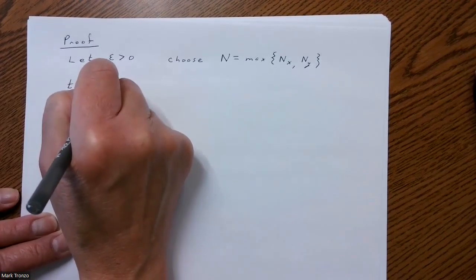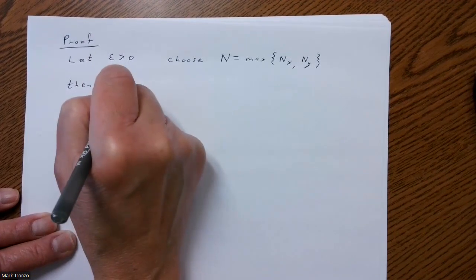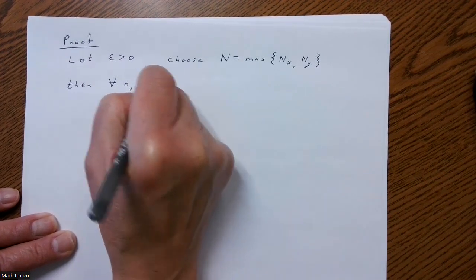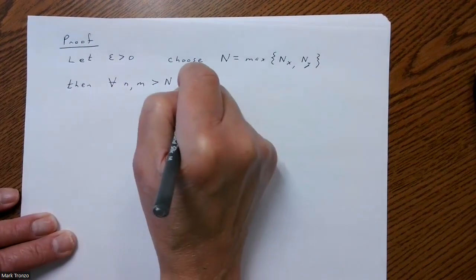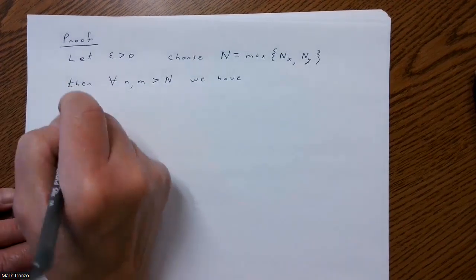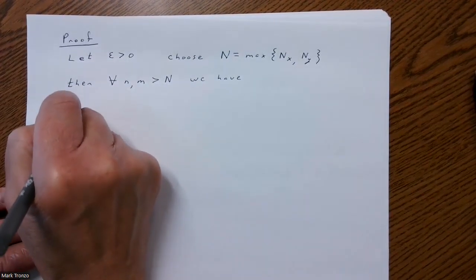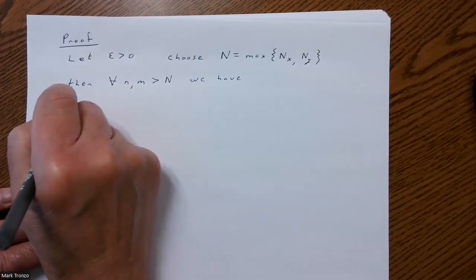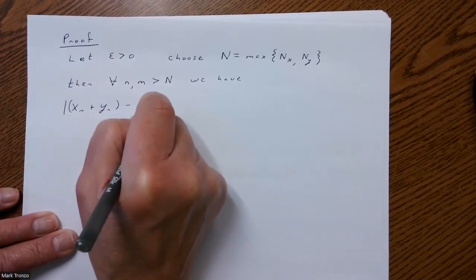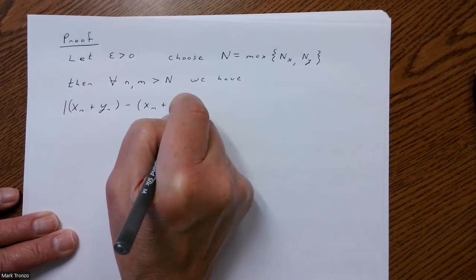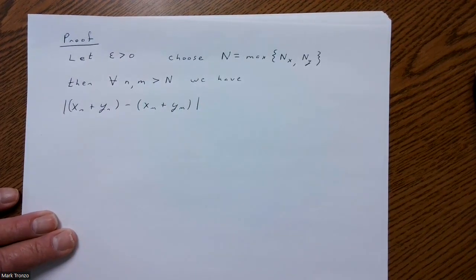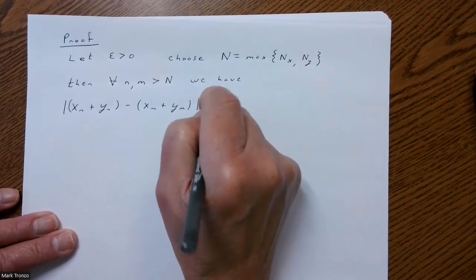Then for all n, m greater than our capital N, we have, and a lot of this is going just by what our scratch work was, we want to start with this and then rearrange things a little bit.